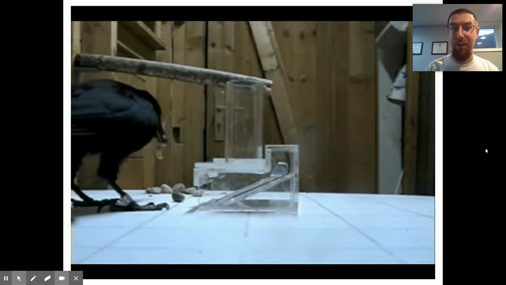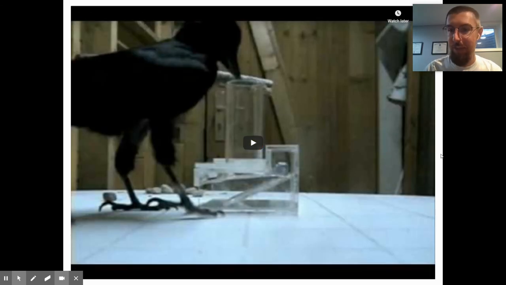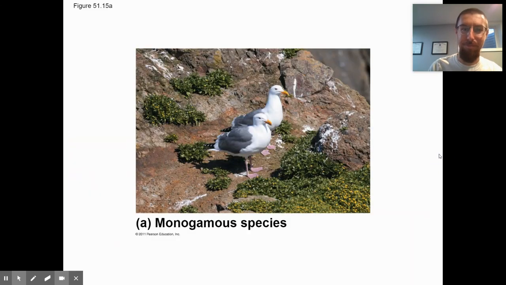Crow takes the rock from the environment, throws it down the tube, and initiates that latch. It's pretty amazing behavior. Other animals can do that too.